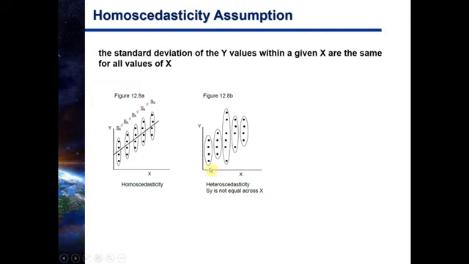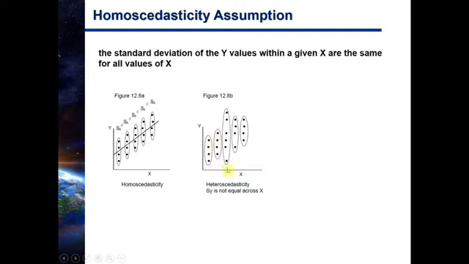So if we look at x equals 1, 2, 3, 4, and 5, here when x equals 1, we see this much scatter or dispersion. Now let's go at x equals 2. We see this much, which is about the same, right? So it's about the same in terms of the degree of scatter.